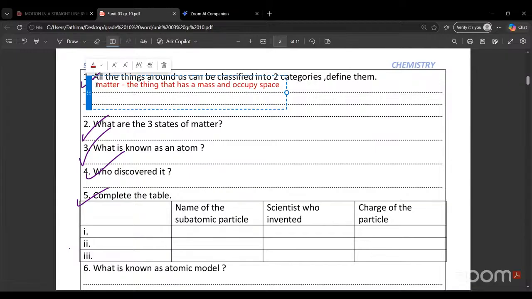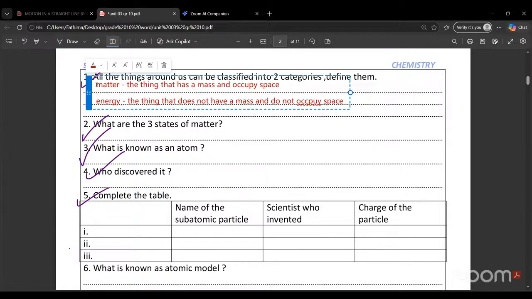So that's matter. Energy is the thing that does not have mass and does not occupy space.